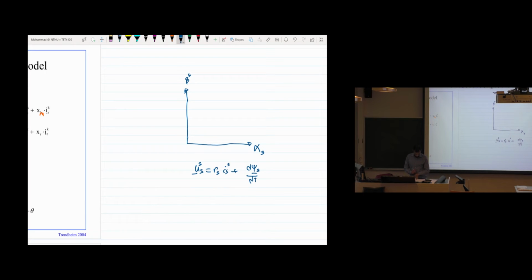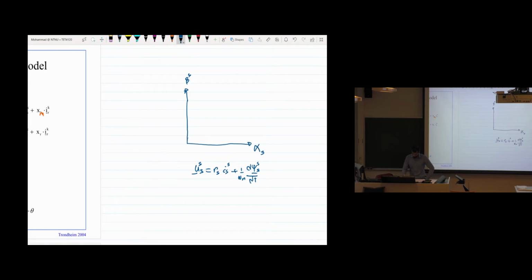Since it's in a per unit model, then you also get 1 over omega n here, that we can write here. So this is the stator voltage, and of course it's in a stator-oriented frame.